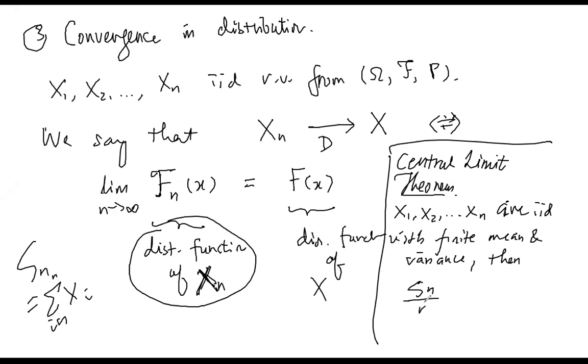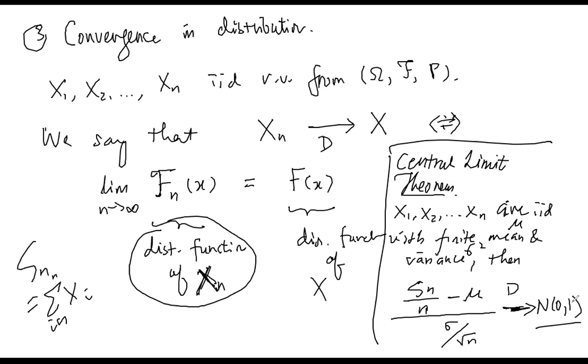You take the sample mean, subtract the population mean, and then divide by the standard deviation of Sn over n. That will be sigma over square root of n. So this quantity here converges in distribution to the standard normal.